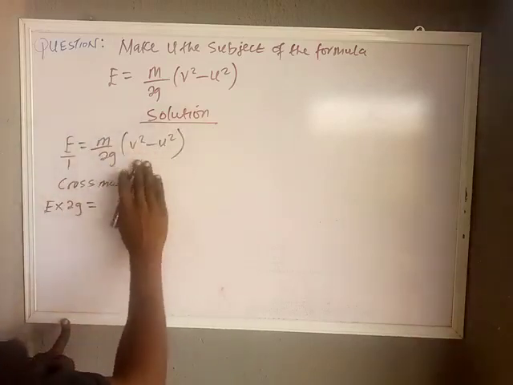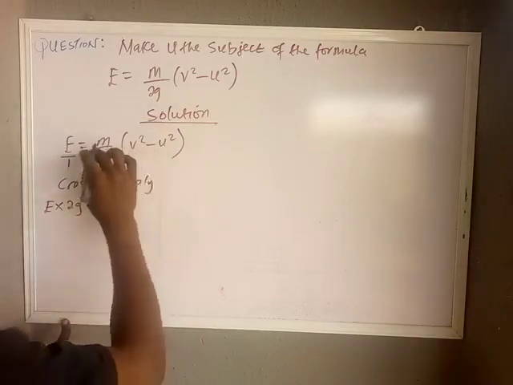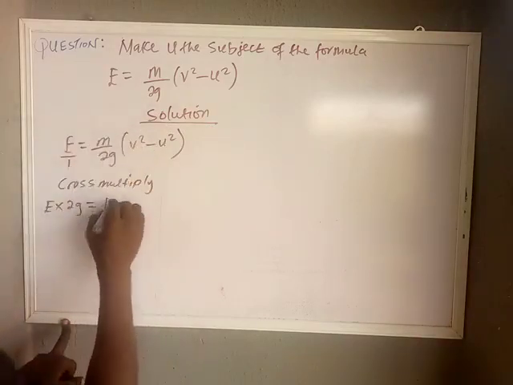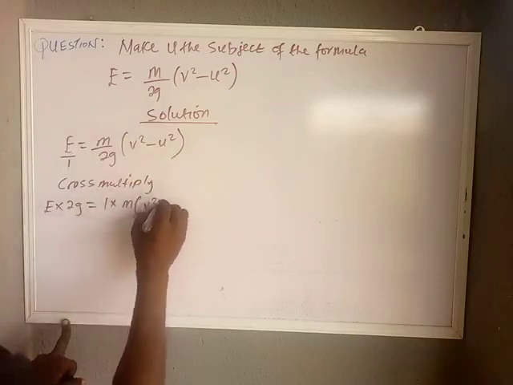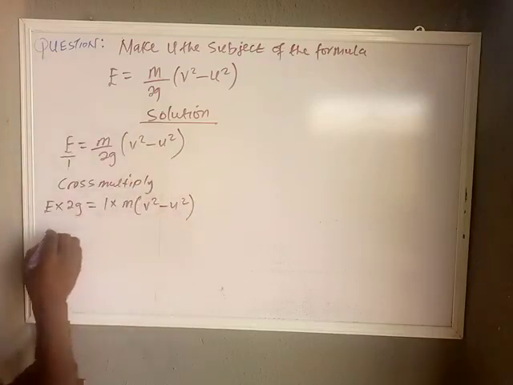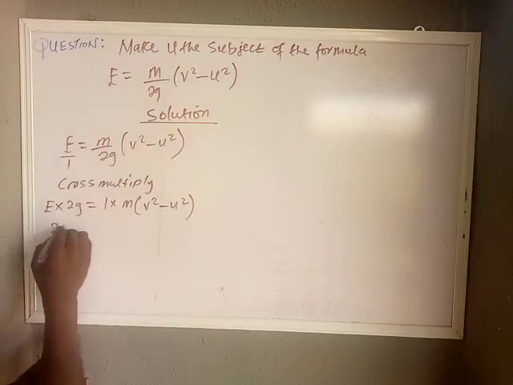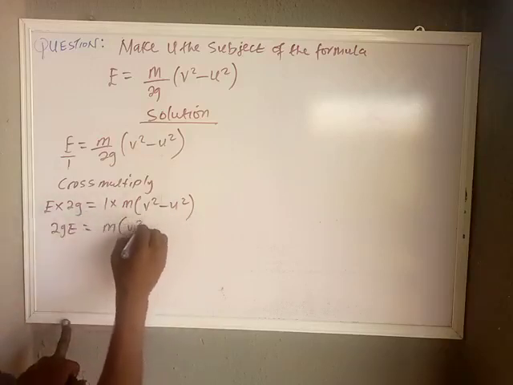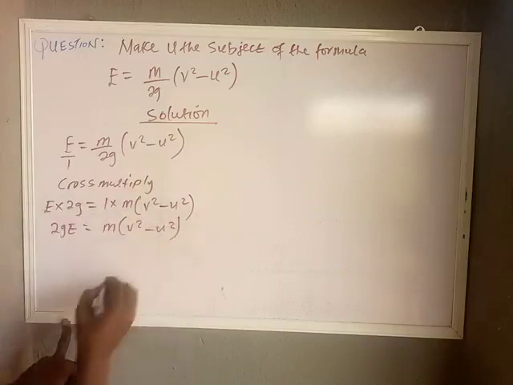But they are all together, so it's still over 2g. So we're going to have 1 times m open bracket v squared minus u squared. So we have e times 2g is 2ge equals m open bracket v squared minus u squared, close the bracket.